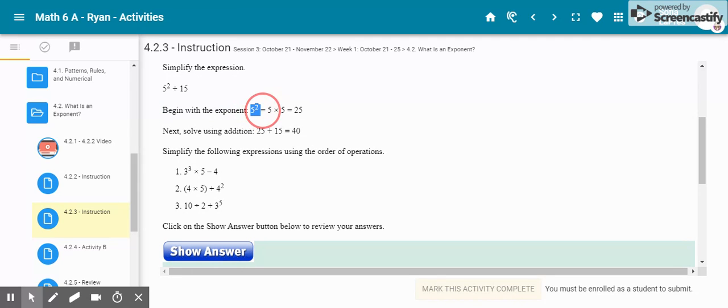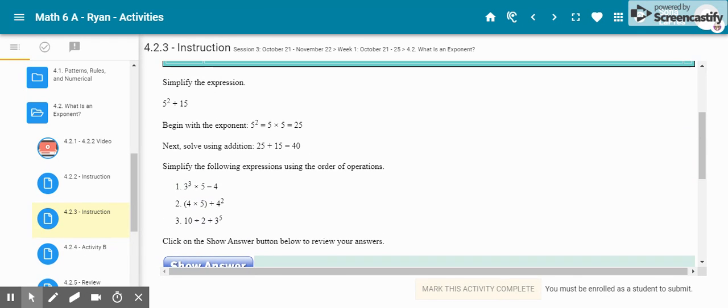So 5 squared means that 5, the base, is multiplied by itself 2 times. So 5 times 5. Then we can solve that to get 25. Okay, so we've simplified this part. 5 squared is 25. Then we need to go ahead and add 15. So that is what's shown here. Solve using addition. 25 plus 15 is 40.